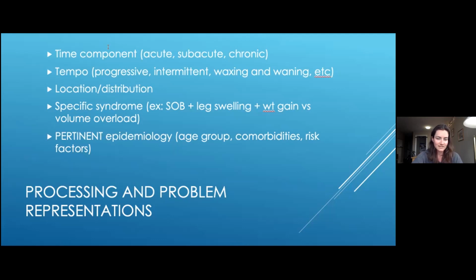What they found was that the more advanced the clinicians, the more of these semantic terms, like acute and intermittent and migratory, and that was associated with your level of clinicianness, as well as with being more likely to pick the correct diagnosis for those patients. So I think this is why we spend so much time thinking about and talking about problem representations: we think it's so important to our mental model of what's going on with people.